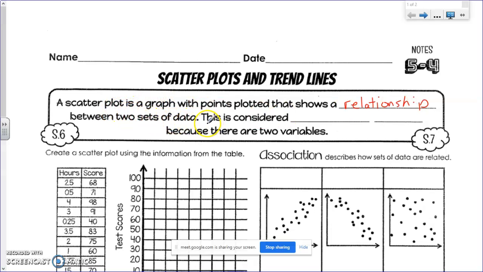This is considered bivariate data, which tells you bi means two, involving two variables. In our case, it's going to be x and y.